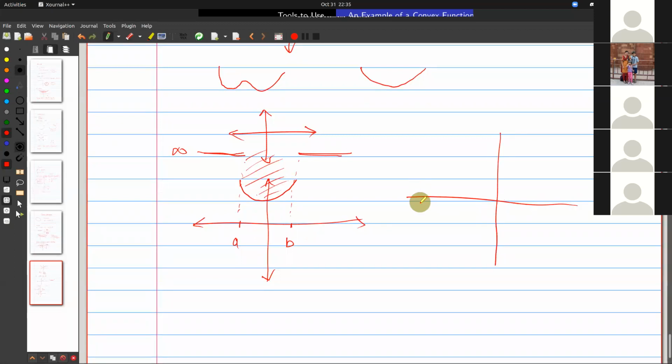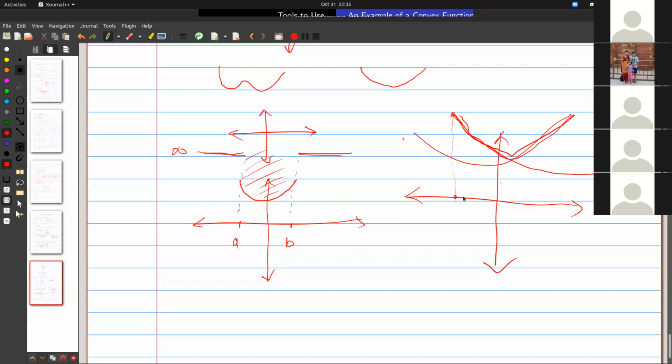What do I mean by pointwise maximum? Say I have convex functions like these. If this is my convex function, my pointwise maximum would be the maximum function at each point, which is this. So our pointwise maximum is this, and it is visible that this is a convex function.